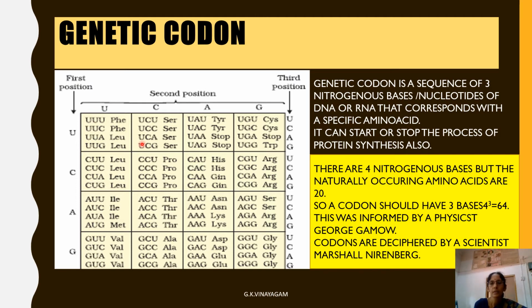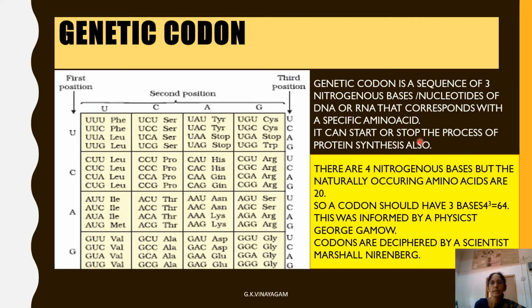It is a sequence of 3 bases present in DNA or RNA that code for a specific amino acid. These codons either can start the process of protein synthesis or they can stop the process of protein synthesis. Either it can start or it can stop also.